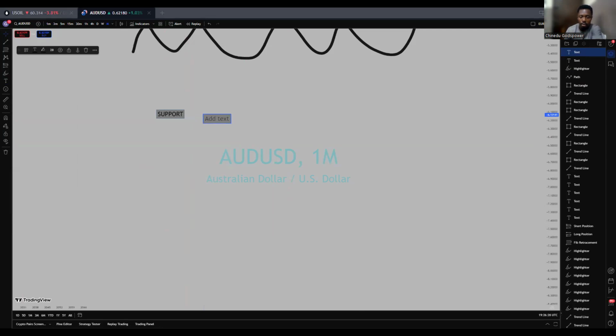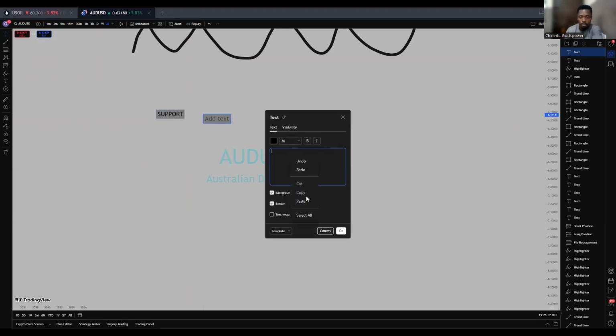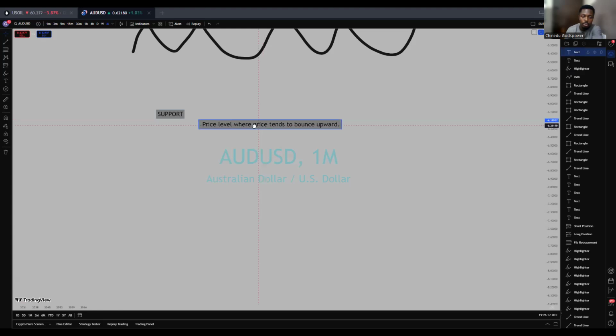Okay, so this is support. Support: price levels where price tends to bounce upward. Then we have what?